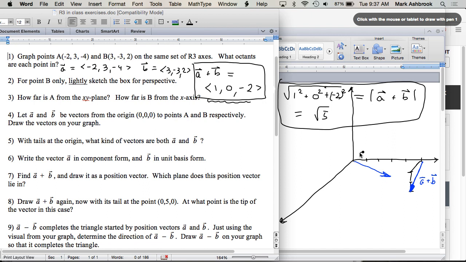Okay. Negative 2, positive 3, and down 4. Maybe. Okay, yeah, that's pretty good. All right, and then B. 3, negative 3, 2.